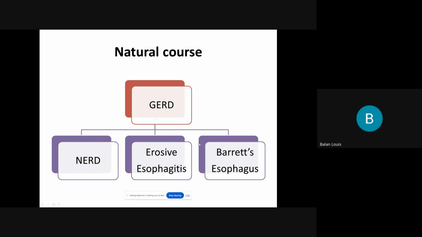When the erosion heals, it may heal with squamous lining, or it may change the phenotype of the lining, wherein we may get either a columnar lining or goblet cells. It depends upon the type of cells, where we call it just a columnar lined esophagus or a Barrett's esophagus, and this I will be discussing later.